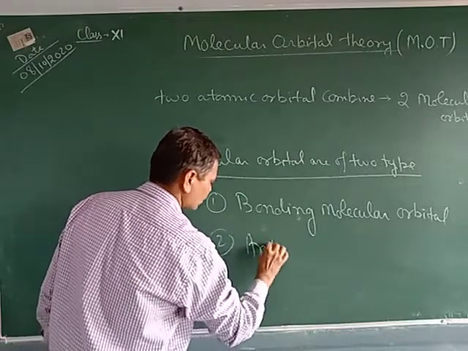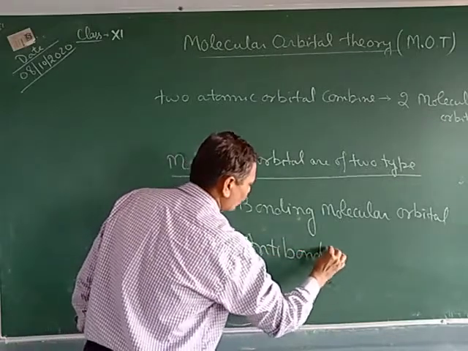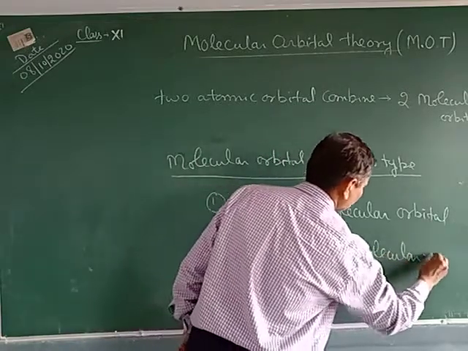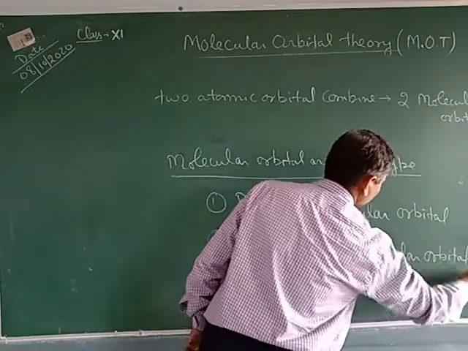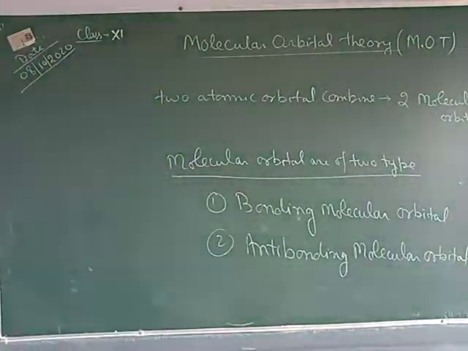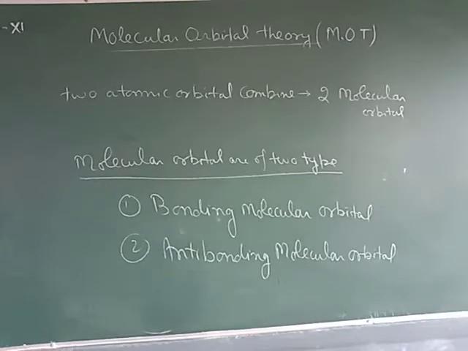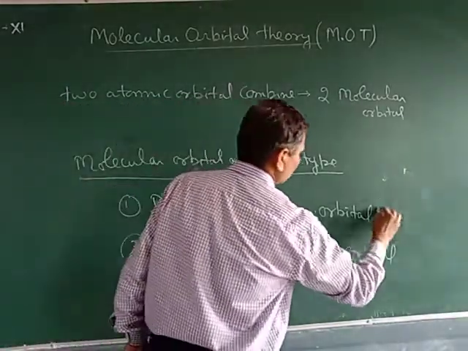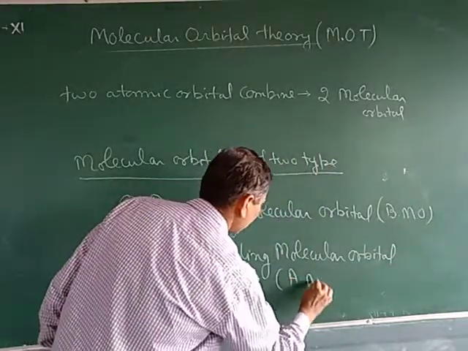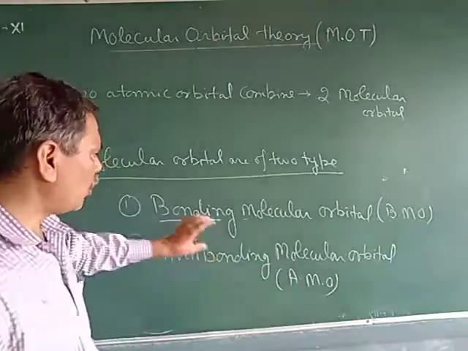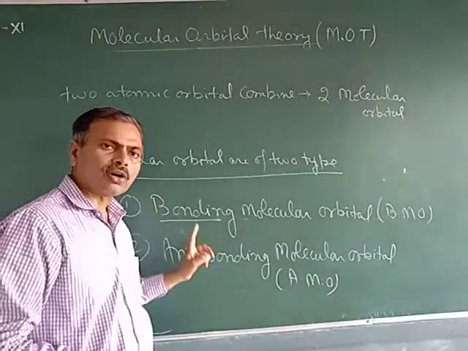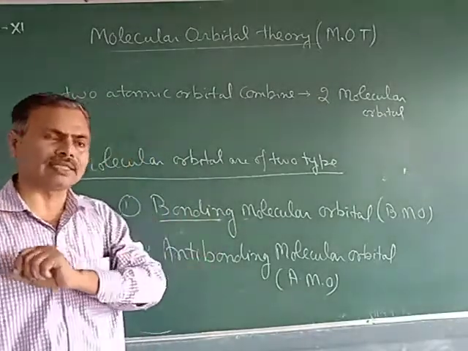Second is anti-bonding molecular orbital. Bonding molecular orbital, you can say BMO, and anti-bonding molecular orbital, ABMO. Bonding molecular orbitals have low energy and more stability.